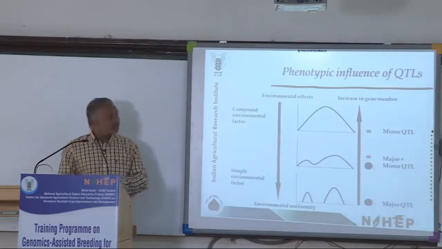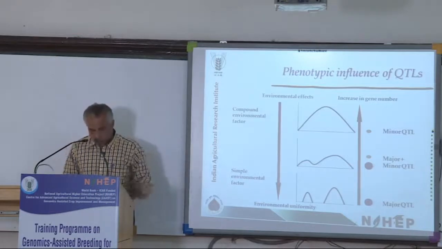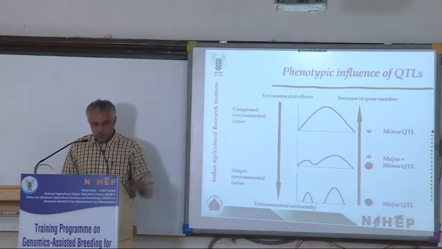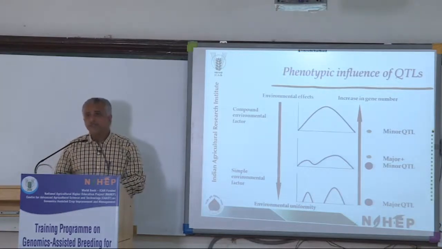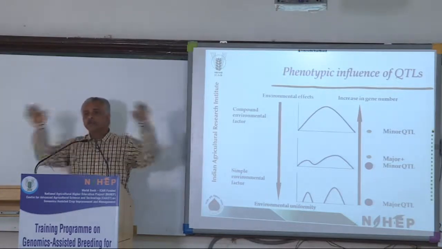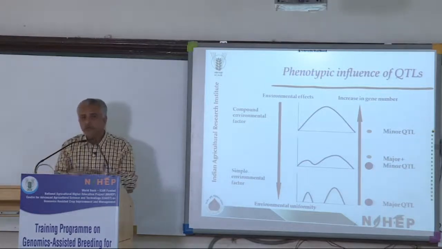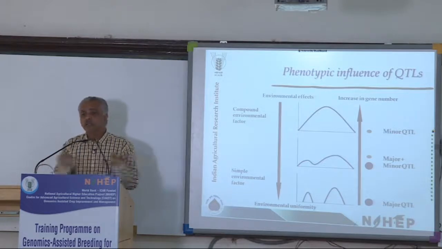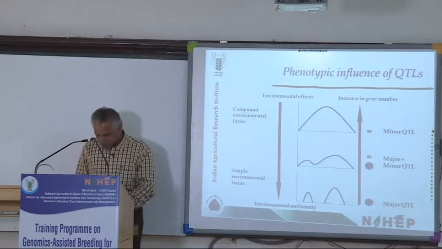Now this is the phenotypic influence of a minor effect QTL. I am not going much into this. These are simple things. When the environment complicates the QTLs, sometimes when two QTLs are there, the environmental effect is more, and then there seems to be one QTL. But if the environmental effect is removed, you can identify them as two different QTLs.